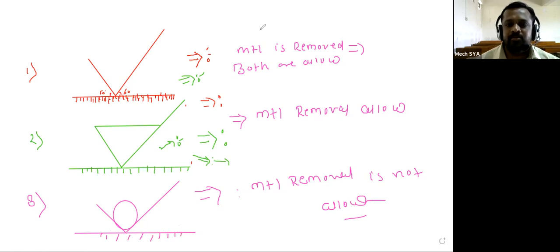Okay, so here is the main surface roughness symbol.